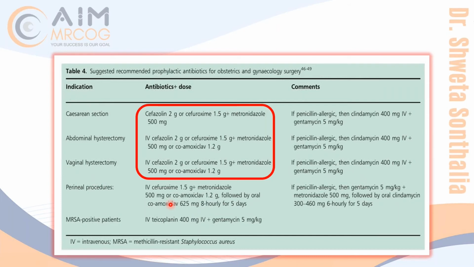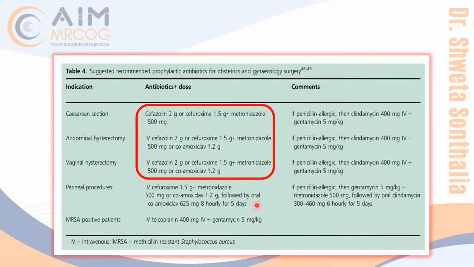Can I ask you, does operative vaginal delivery need prophylactic antibiotic? Yes, it is needed, because earlier the guideline said it isn't needed, but the new guideline on operative vaginal delivery says that it is needed.